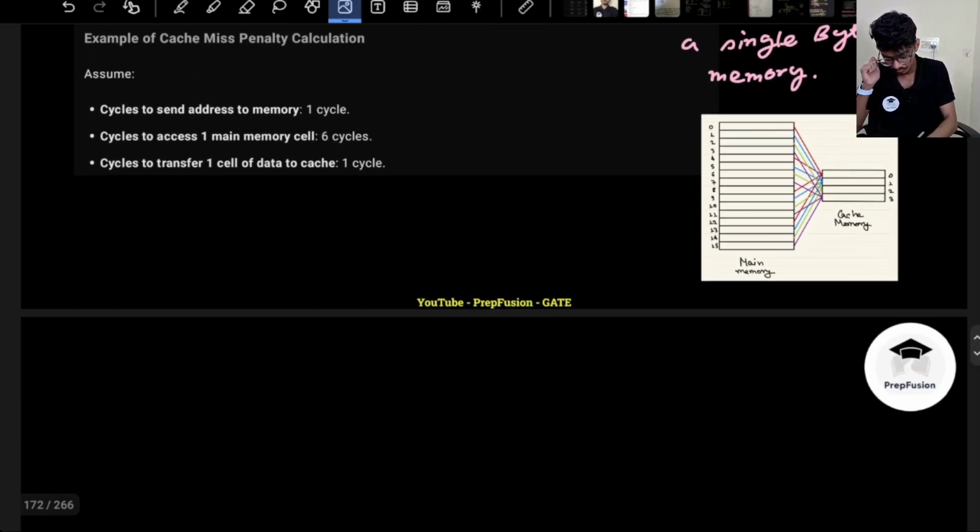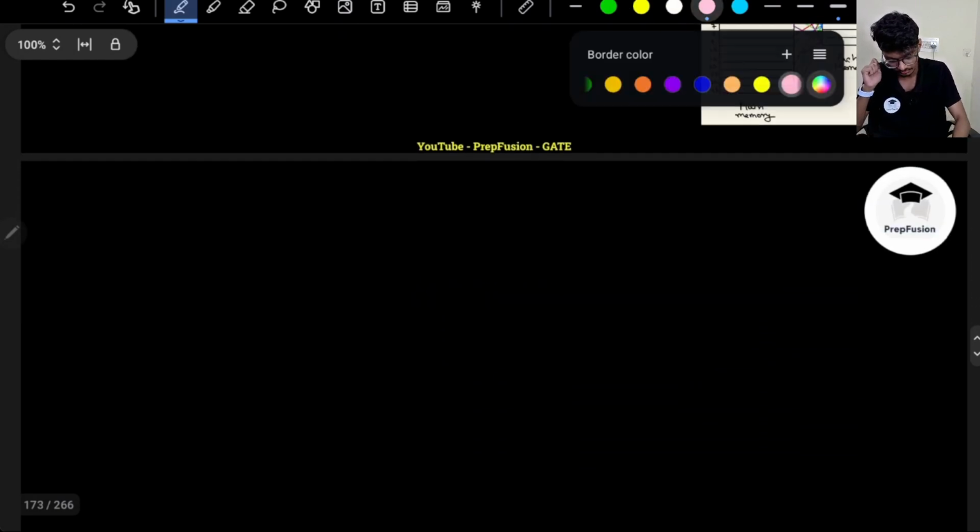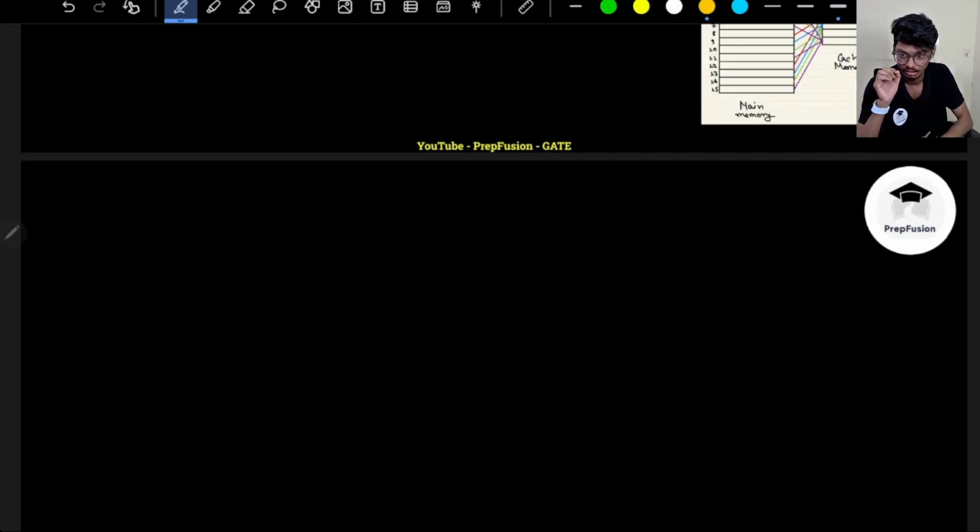So let's assume my cache memory block size is 8 bytes.